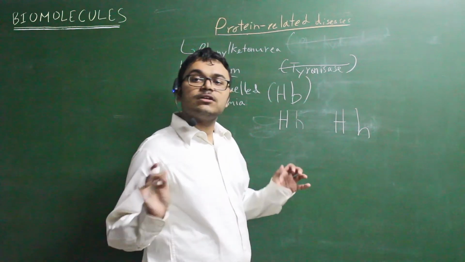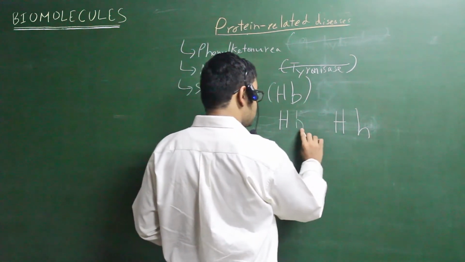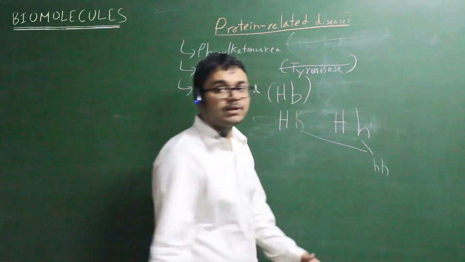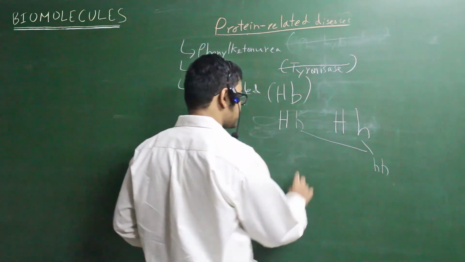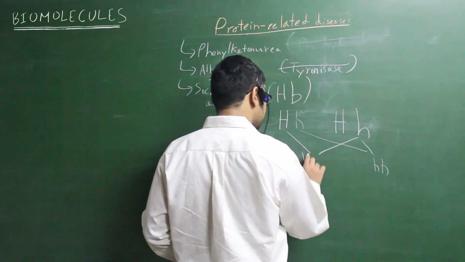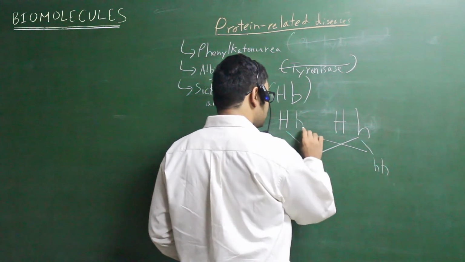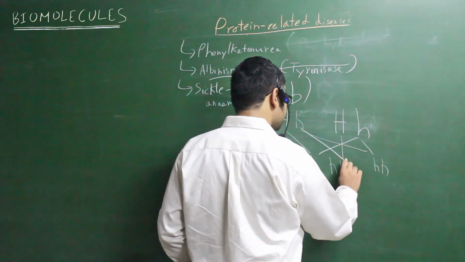Remember the old Mendel process during class 10 where he mixed these up. So one child might get only normal hemoglobin. Therefore, they're not malaria resistant, but they have the normal hemoglobin. It doesn't change them at all. Now you could get the defunct hemoglobin from the father and the normal hemoglobin from the mother, or you could get the normal hemoglobin from the mother and the defunct hemoglobin from the father.